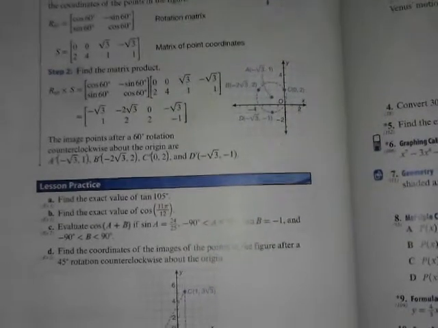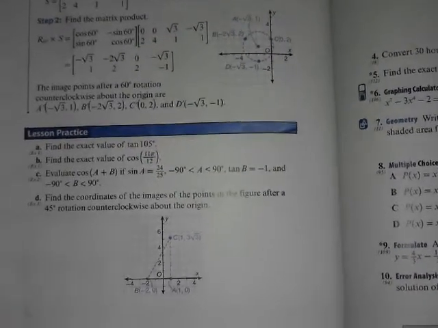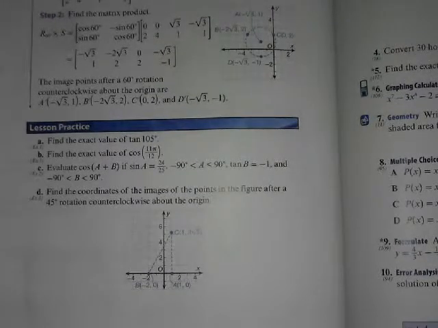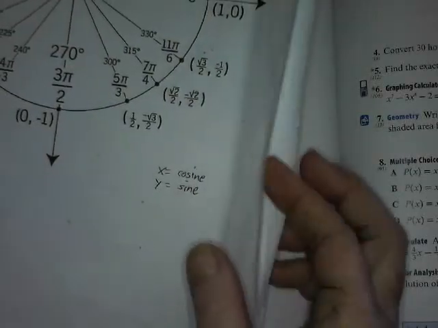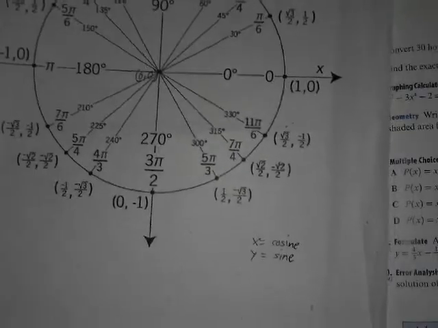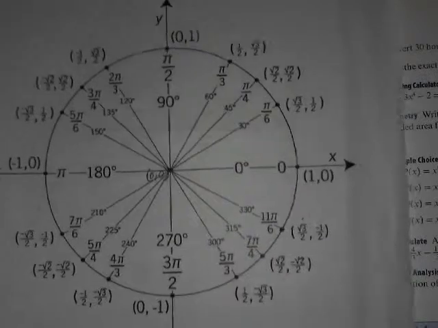And so I'm just going to show you how to do some of these. We're going to find the exact value of tangent 105. When you look on your unit circle, it doesn't have tangent. We know tangent is sine over cosine.